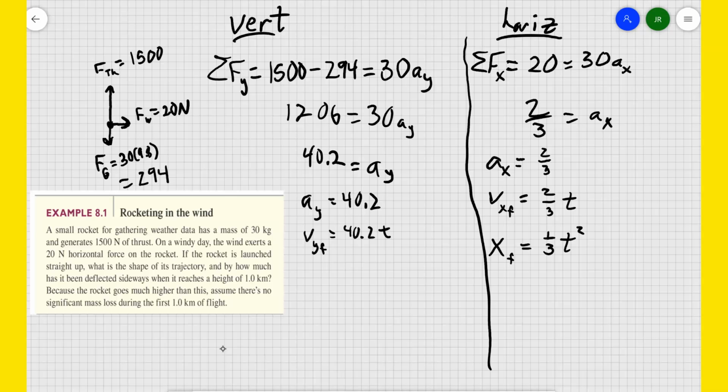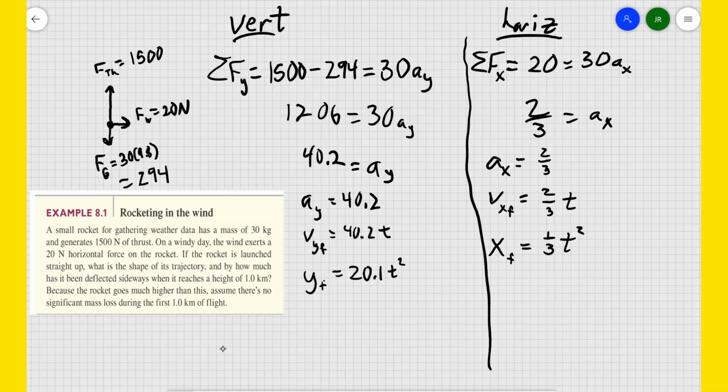Then the final vertical position is going to be the antiderivative of that, which is going to be 40.2 t squared over 2, which is 20.1 t squared plus initial vertical position, which we can say is 0. So now I have a final vertical position and a time variable.